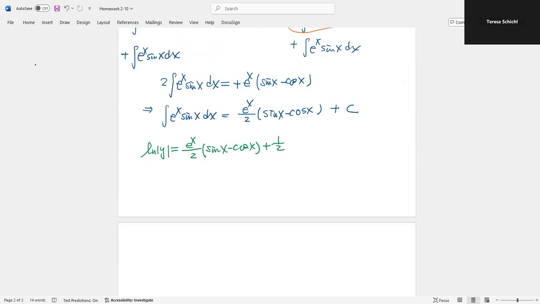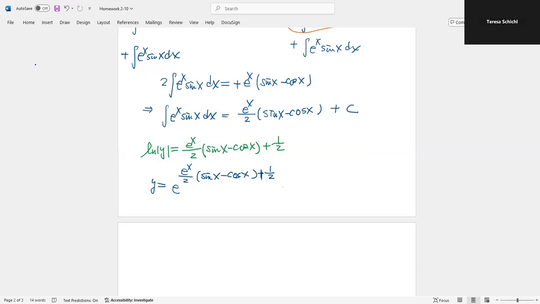So if I do the exponential, y, because I can get rid of the absolute value because this is positive, right? So this is e to the power of e^x over 2 times sine x minus cosine x, plus 1/2 here.